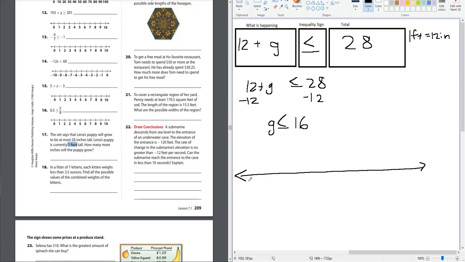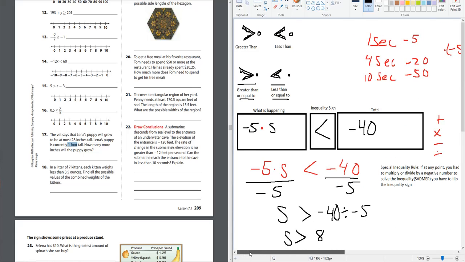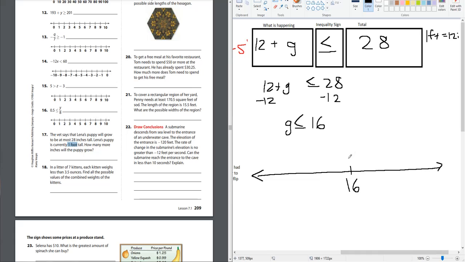Let's graph it. When we're graphing, we start at the number they gave us. They give us less than or equal to, so that is a filled-in circle. And then G has to be less than 16, so all the numbers less than 16 are shaded.